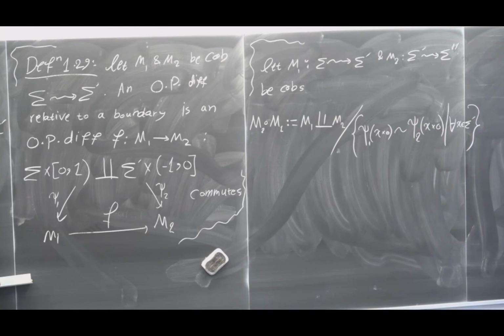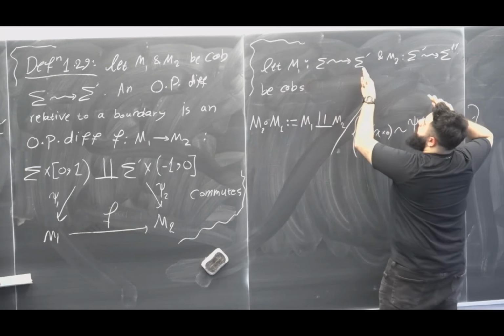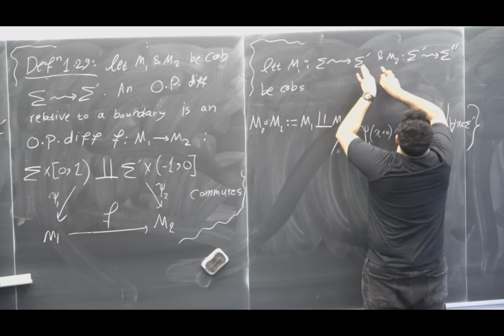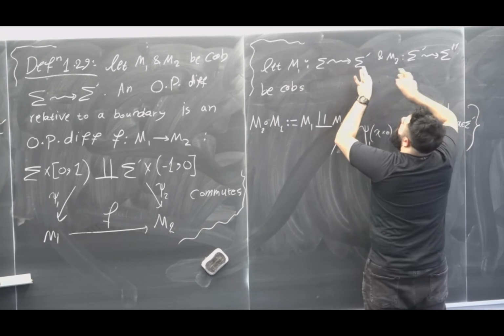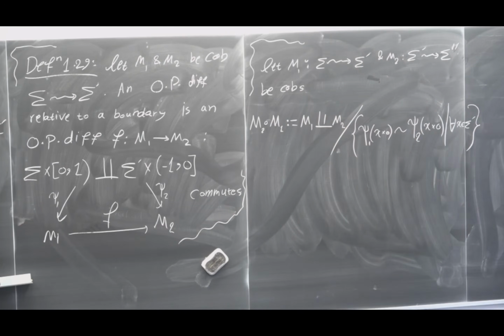So we have this cobordism going from sigma to sigma prime, then this cobordism going from sigma prime to sigma double prime, and we glue them on sigma prime. Well, the diffeo is applied to elements of sigma prime, to be exact.